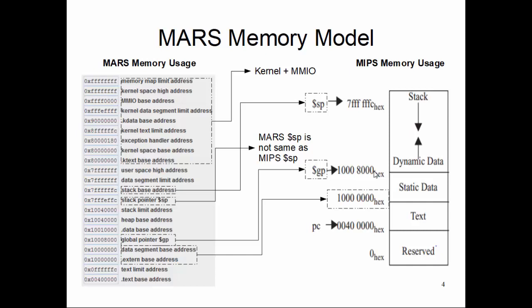Now there is a little bit of difference in terms of dynamic data allocation, like the heap. The heap grows up, and from MIPS memory usage, your static data starts from 100,000 till 100,080,000, and after that the heap can start allocating memory.